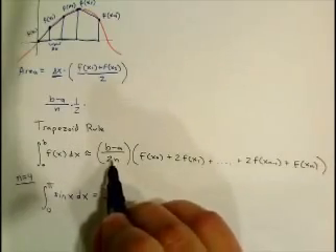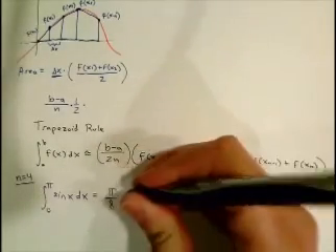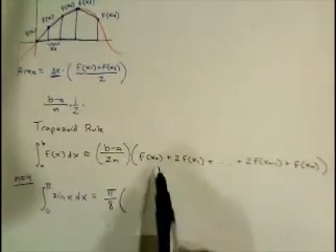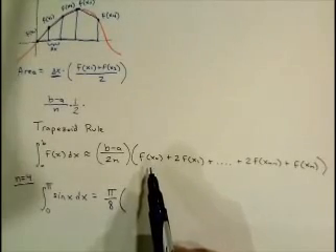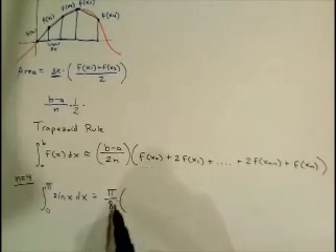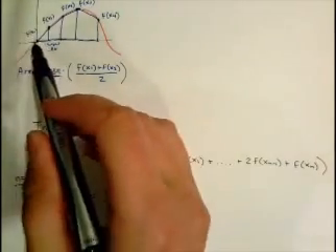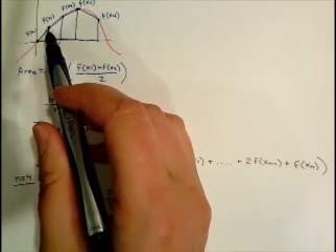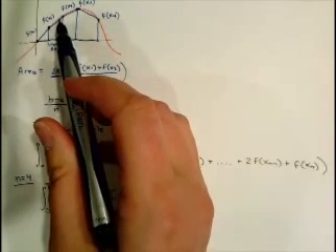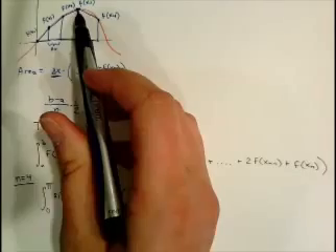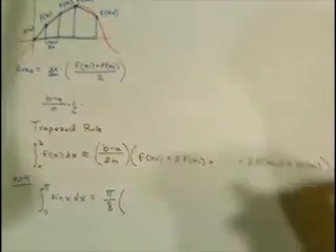So if n is 4, you end up with 2 times 4, 8 under here. So then what are the points I'm putting in? Well, think if I'm going from 0 to pi and I'm breaking it up into 4 subintervals, the first one's at 0, the next one's pi over 4, and then 2 pi over 4, which is pi over 2, and 3 pi over 4, and then all the way to pi.